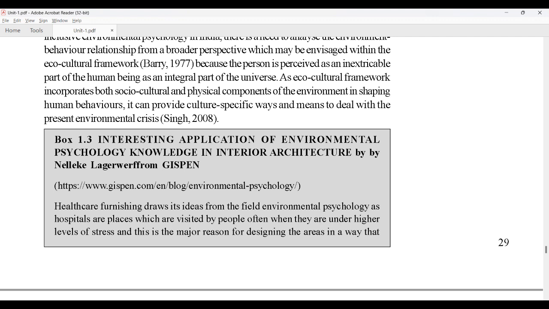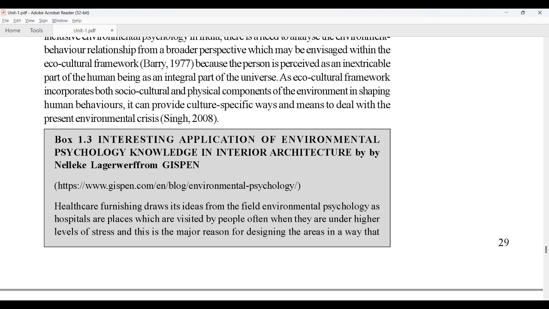As the eco-cultural framework incorporates both socio-cultural and physical components of the environment in shaping human behaviors, it can provide culture-specific ways and means to deal with the present environmental crisis.